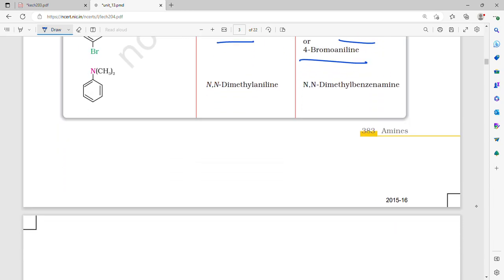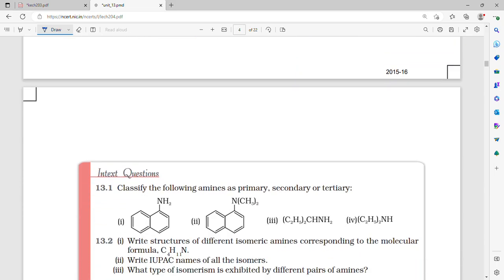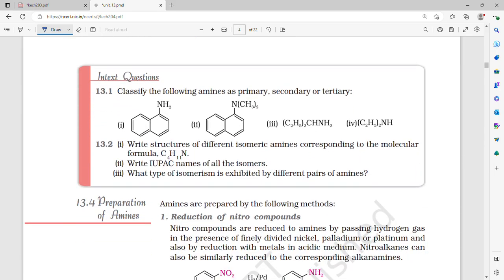Then N,N-dimethylaniline, N,N-dimethylbenzenamine. This is 1 degree, this is 2 degree, this is 3 degree, this is 1 degree. You can see by how many hydrogens have been replaced.